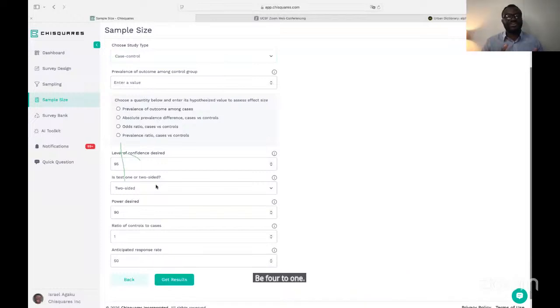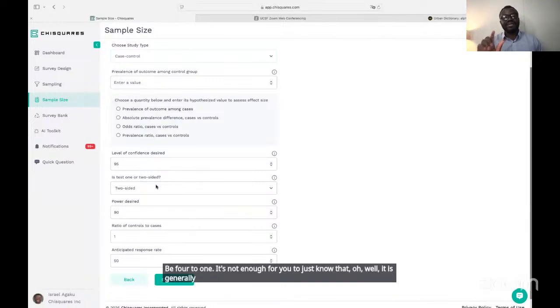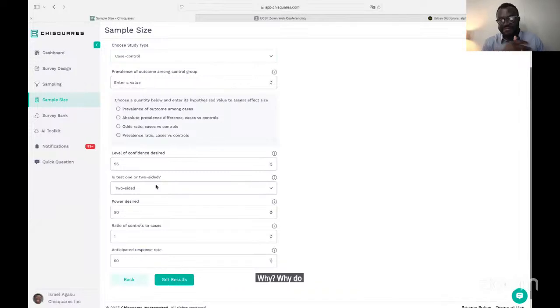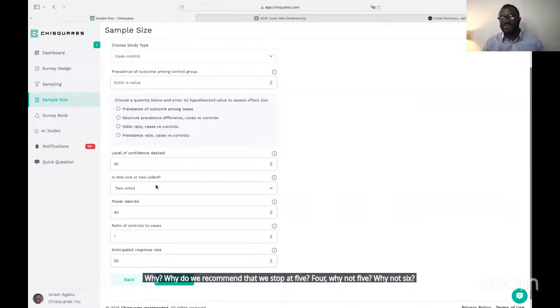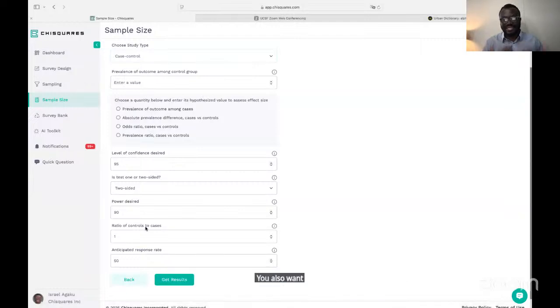It's not enough for you to just know that, oh, well, it is generally good practice to have 4 controls for each case. Why? Why do we recommend that we stop at 4? Why not 5? Why not 6? Right? So it's not enough to just plug in numbers and get results. You also want to understand the scientific basis behind those decisions.